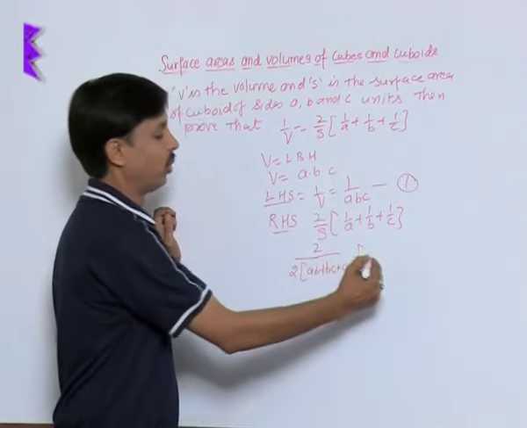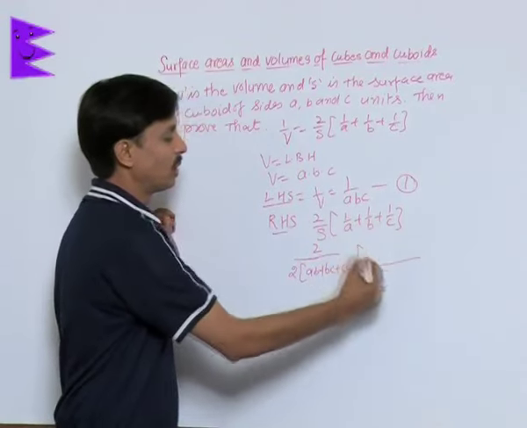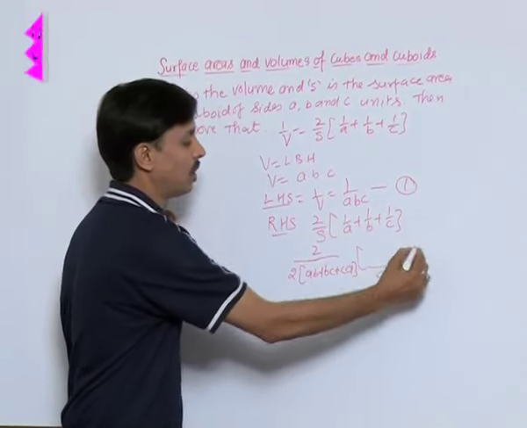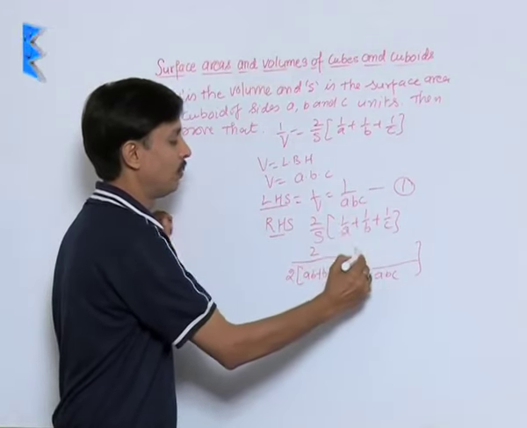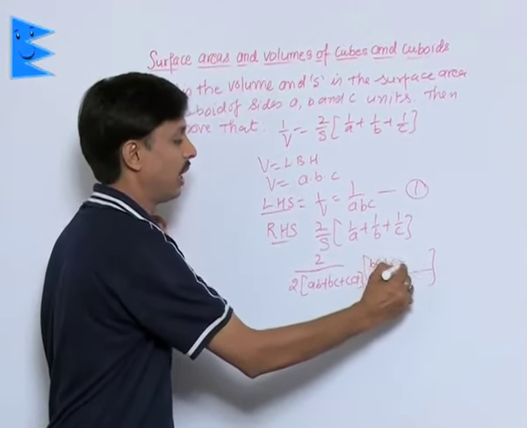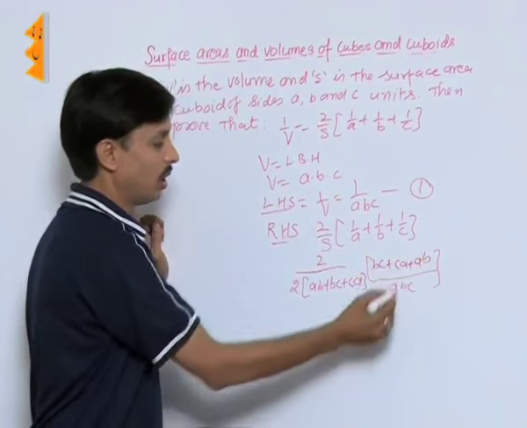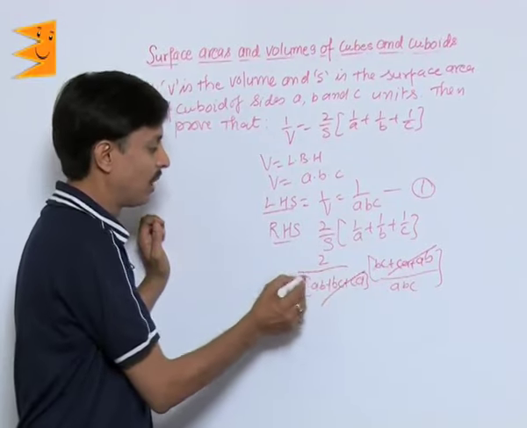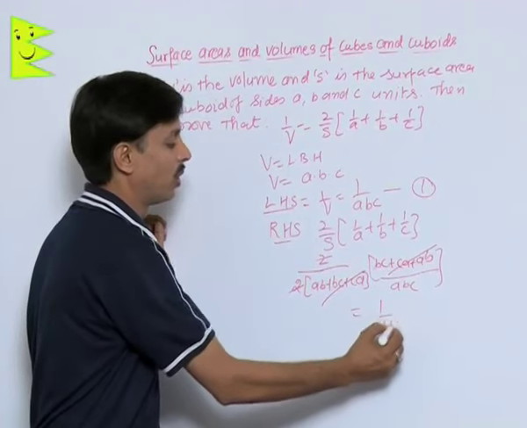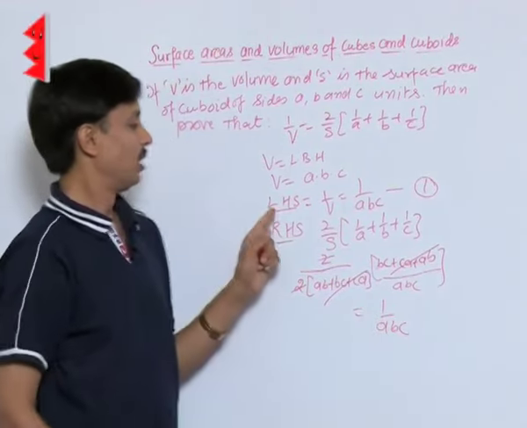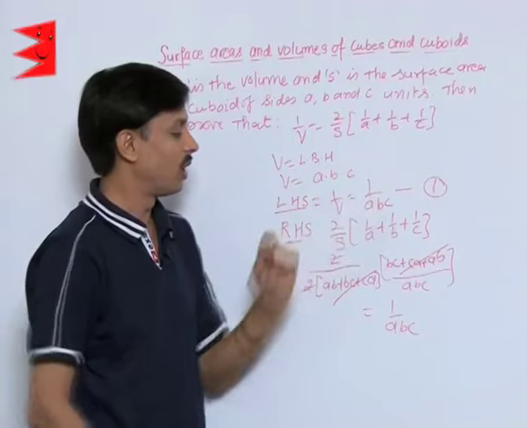Now the LCM of this part is ABC, and here we will get A when cancelled, BC plus CA plus AB. You can observe these two 2s can be cancelled, and we get 1 upon ABC. So the left hand side is 1 upon ABC.